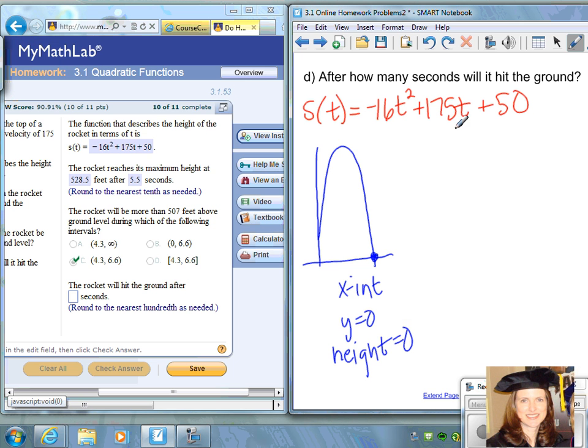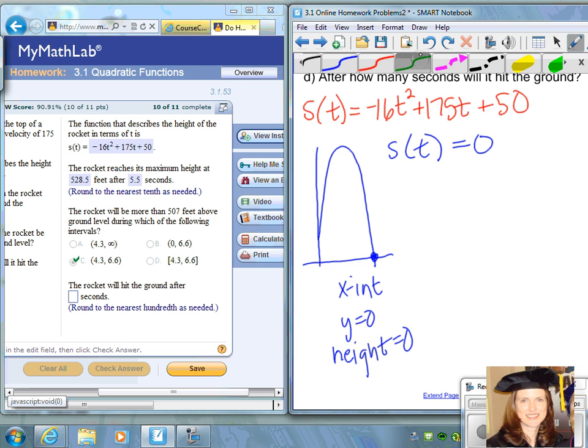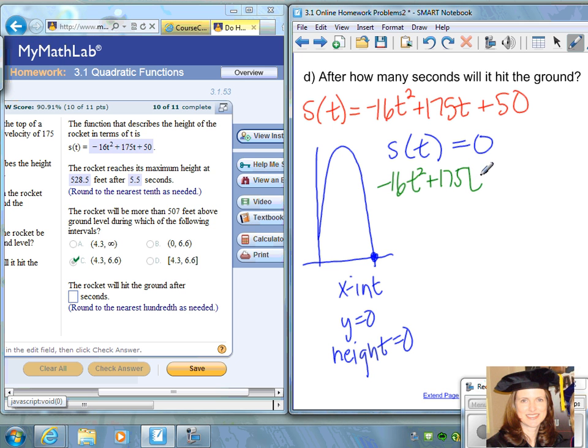So if you set the whole s of t equation equal to 0, that's going to help you find the time where the object hits the ground. So if you set the whole equation to be equal to 0.